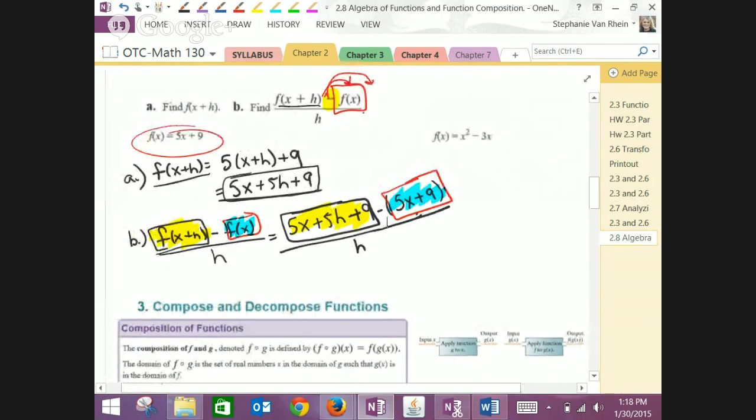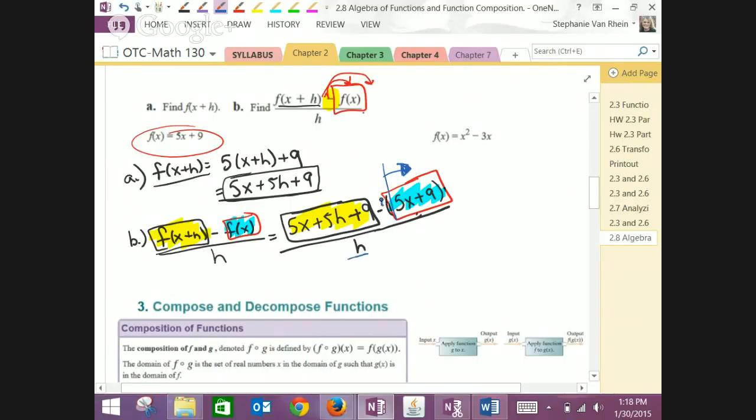And then I have that divided by h. You see the setup? Now I'll tell you, everything on the right side of the negative is going to cancel with something on the left-hand side. It has to, because there are no h's, and I've already told you that I have to be able to cancel this h.